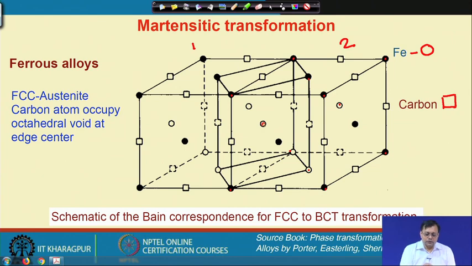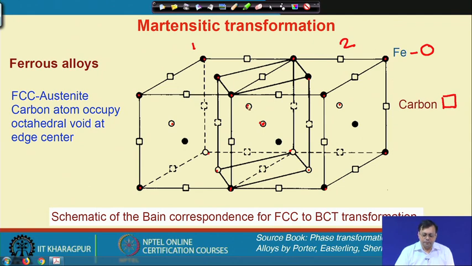Now, let us go to the first one. Here these are the iron atoms which are located at the corner and these are the face centered atoms. This is on the opposite side of the face and so on.